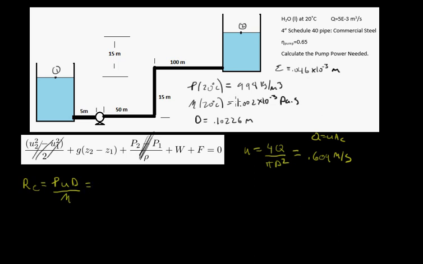If we plug in our 998 kilograms per meter cubed, our 0.609 meters per second, our 0.10226 meters, and our viscosity of 1.002 times 10 to the negative 3 Pascal seconds, we'll get a Reynolds number calculation that yields this as our Reynolds number. And that is definitely greater than 4,000, which implies that we're in the turbulent region.